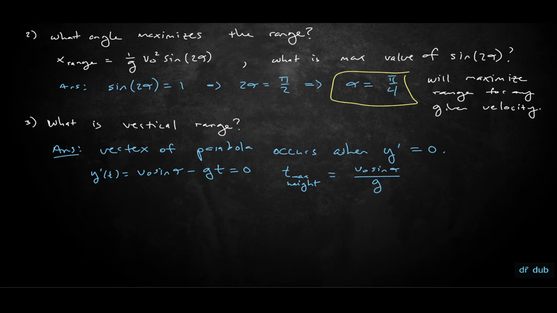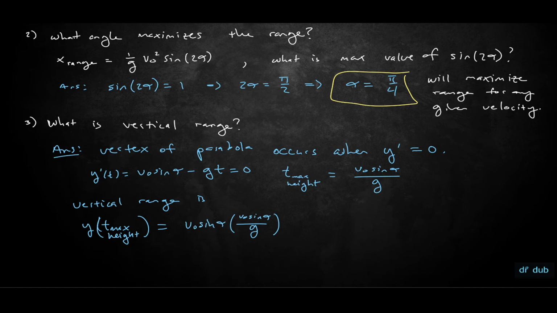And so the vertical range is y of t max height. Basically plug that t value into the y component, so that'll be v0 sine alpha times v0 sine alpha over g, minus g over 2 times v0 sine alpha over g, squared.